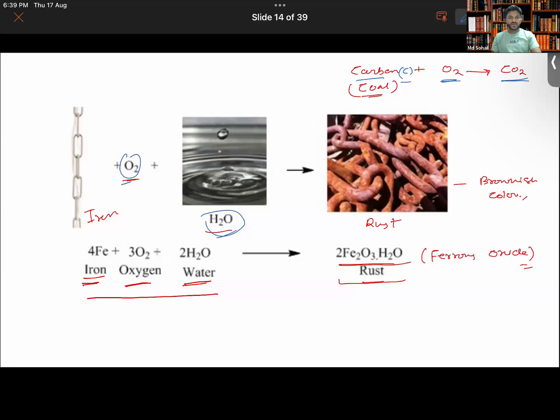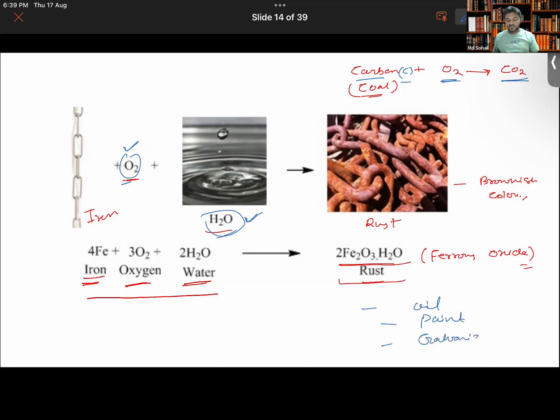Yeah, I was telling that in order to prevent the iron object from rusting, whatever things we are doing, we are basically eliminating the contact of the iron object with oxygen and H2O. We need to ensure that the iron object does not react with oxygen and water. So for that purpose, we might apply a layer of oil over it, we might paint it, or do galvanization.